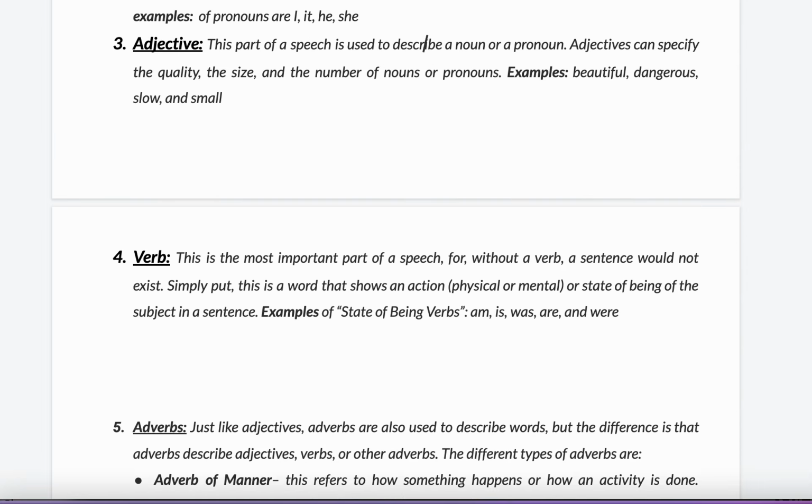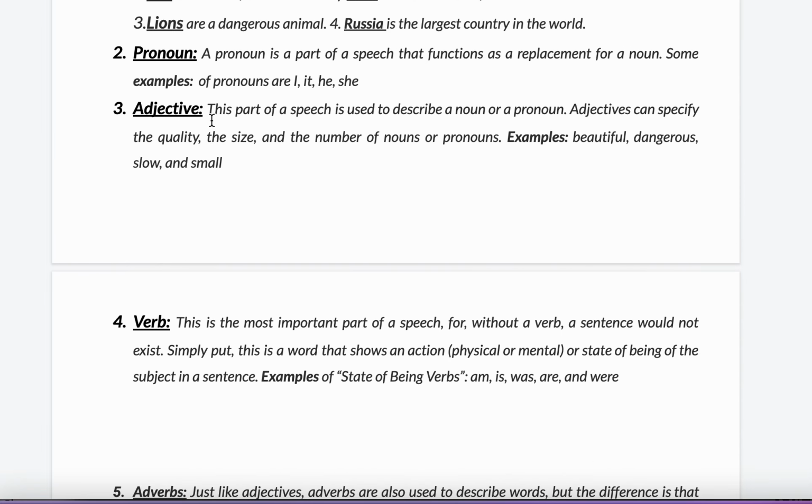Where we have adjective here, this part of speech is used to describe a noun or a pronoun. So the definition of adjective says that an adjective defines or describes a noun or pronoun.